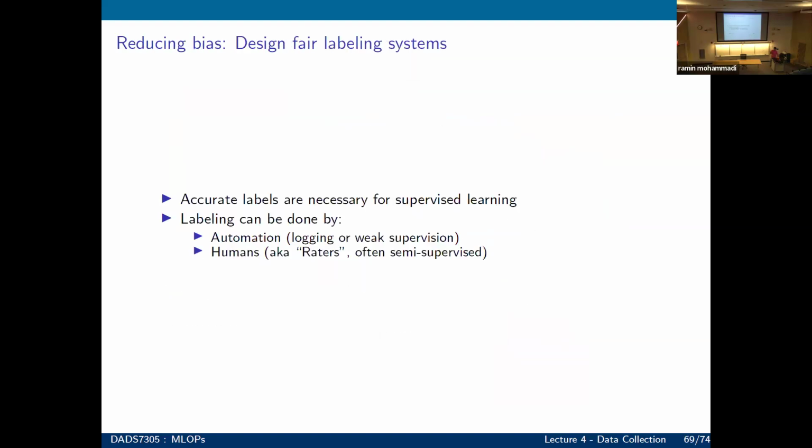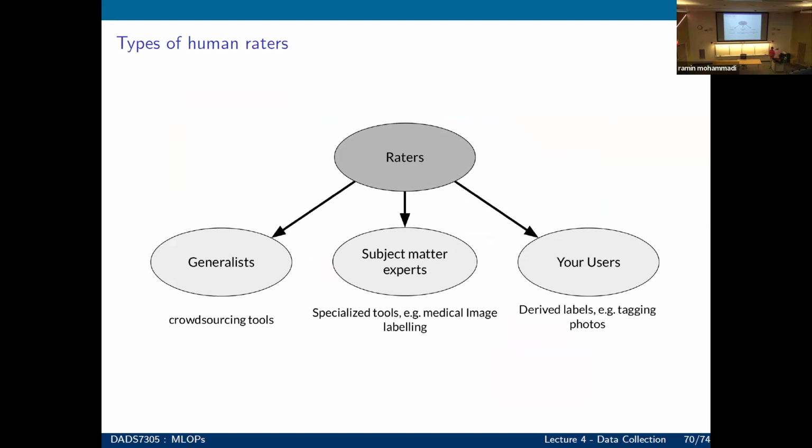I think the last slide is about labelers. You will hear the term raters or labelers, but raters is more common. They are the group that you hire to do tasks for you, the labeling. Raters could be generalists, where you do crowdsourcing, could be subject matter experts, people with domain knowledge, and could be your users, the people who use your app and give you labels.